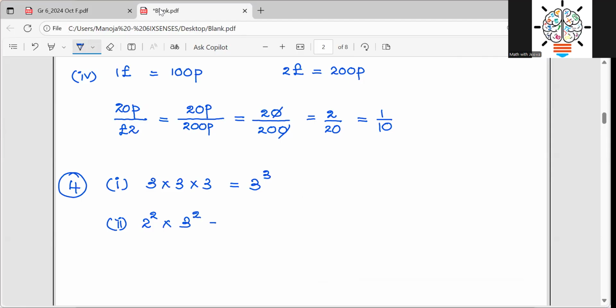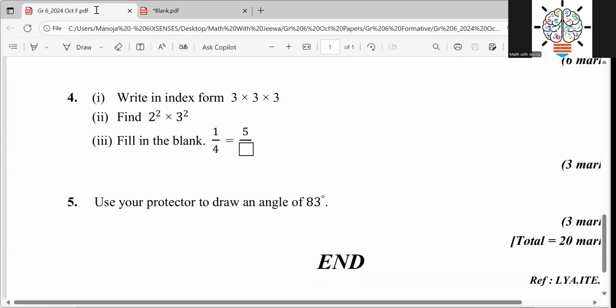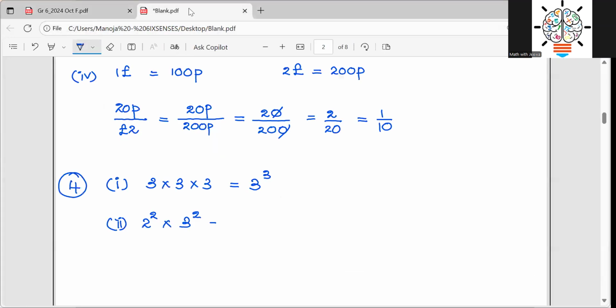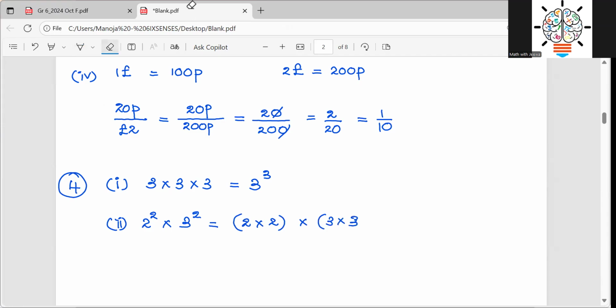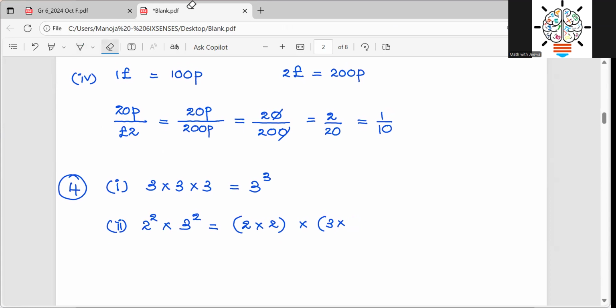Then can you simplify this? That we can't, because we do have different base values. But one thing we can do, we can expand this. How? 2 times 2 and times 3 times 3, right? Not 3 times 2. It should be 3 times 3, because you want to multiply the same base value 2 times.